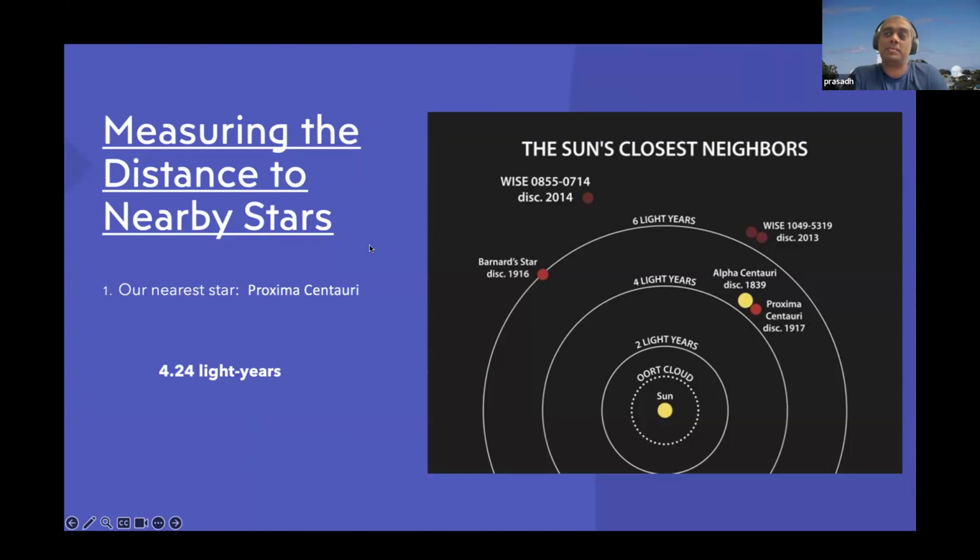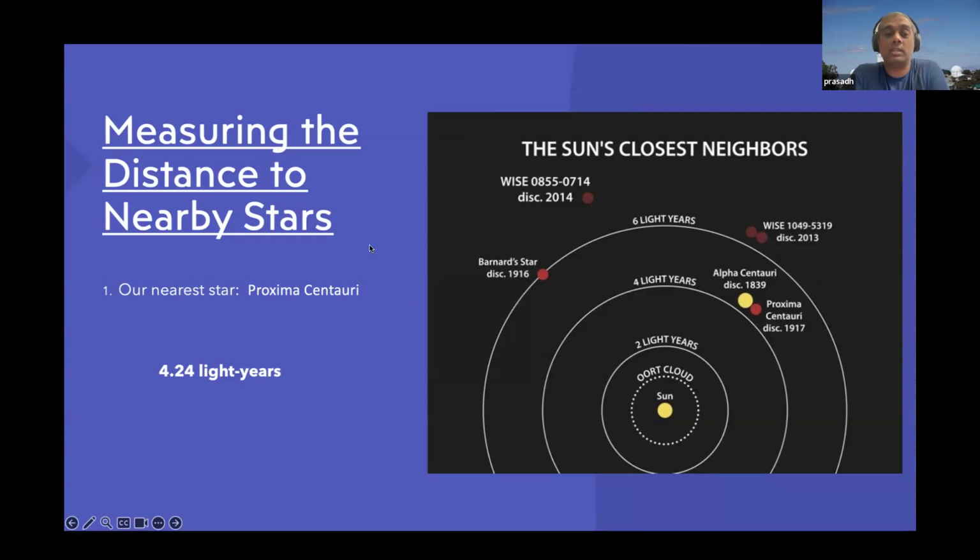So if we skip our Sun, which is in our solar system, what will be the closest star for us? The answer for that is actually Proxima Centauri. Alpha Centauri is also very close by, but the closest one is Proxima Centauri. I would say both are very close to us, right?